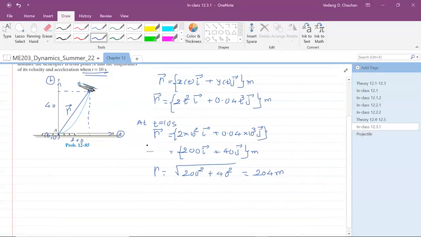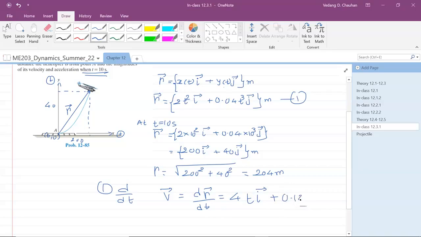Next, we need to calculate velocity. So we need to take the derivative of equation 1, apply d/dt, and we get the equation for velocity. So velocity v is equal to dr/dt, which is the derivative of this equation, which is 4t i plus 0.12t squared j. Let's call this equation number 2.